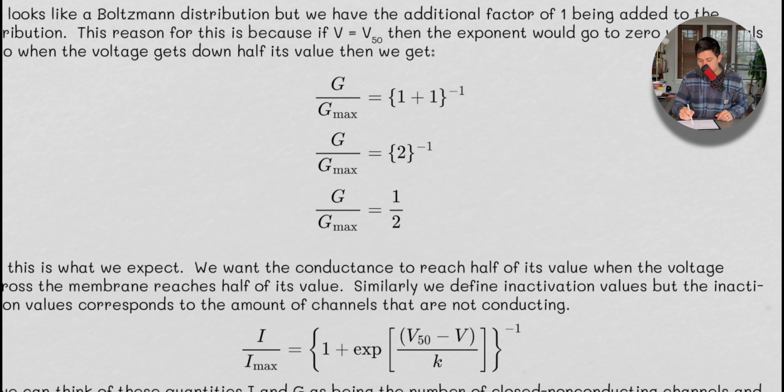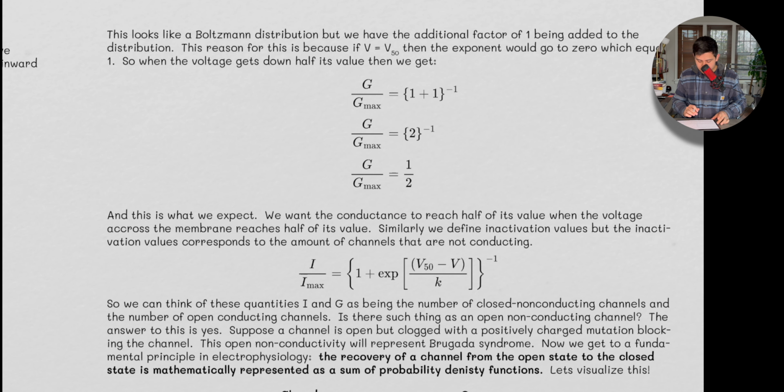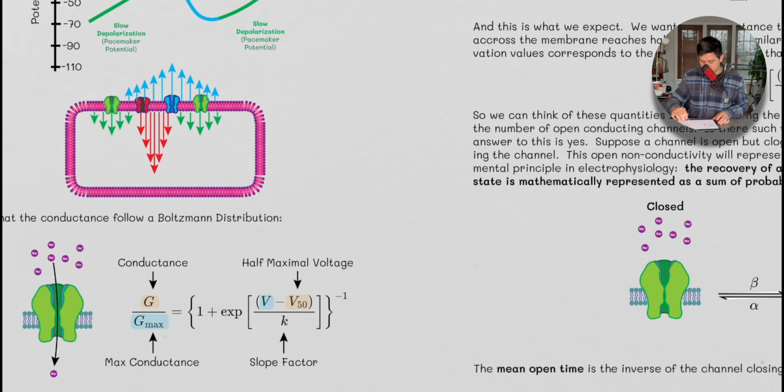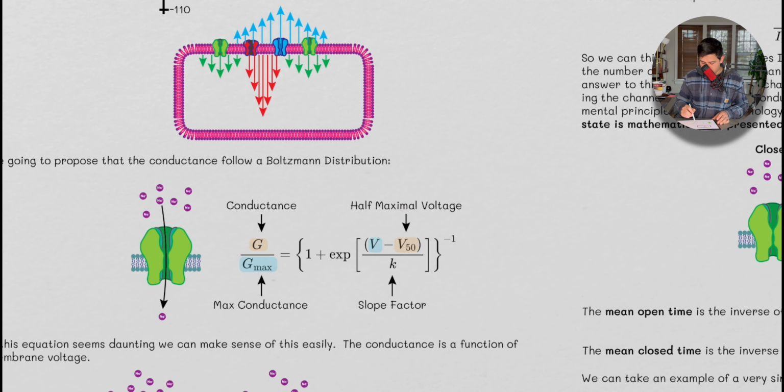So we have 1 plus 1, to the minus 1. That's 2 to the minus 1, that's 1 over 2. So this is what we're actually expecting. We want the conductance to reach half of its value when the voltage across the membrane reaches half of its value. So that's why we've structured this equation the way we did.